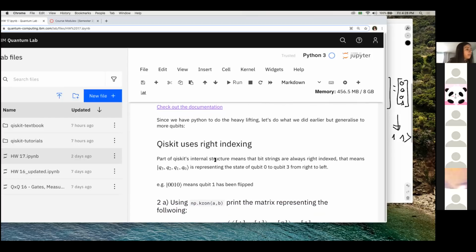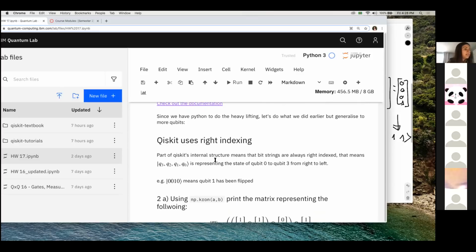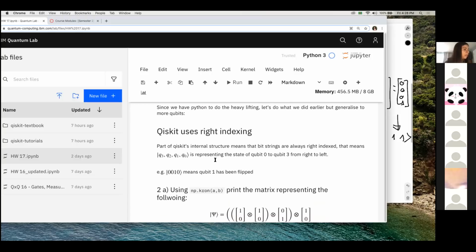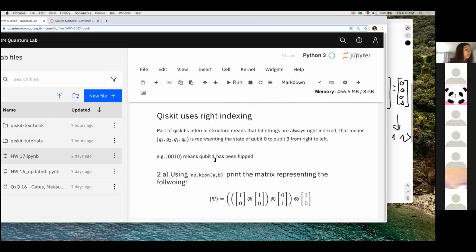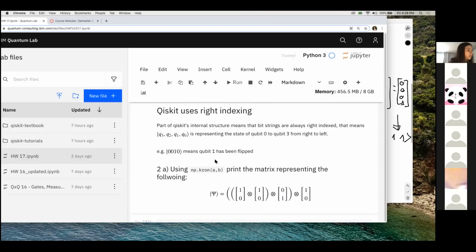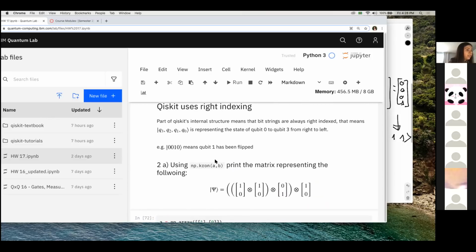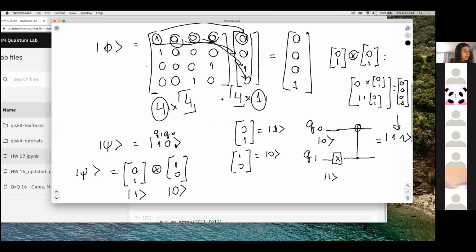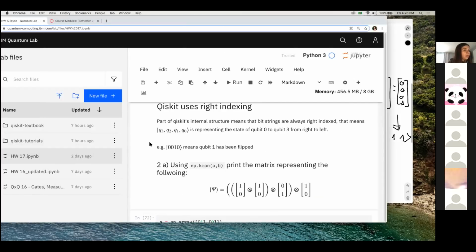Since we have Python to do the heavy lifting, let's do what we did earlier, but generalize to more qubits. Qiskit uses right indexing. Part of Qiskit's internal structure means that bit strings are always right indexed. That means, as I explained here, like Q0, Q1 in this order, Qiskit does Q0, Q1, Q2, Q3 from right to left, okay?